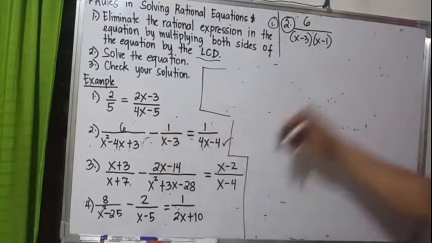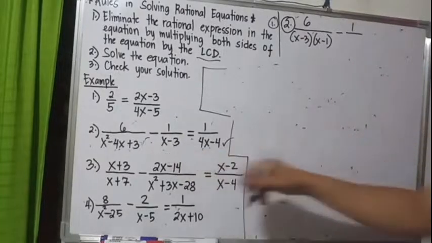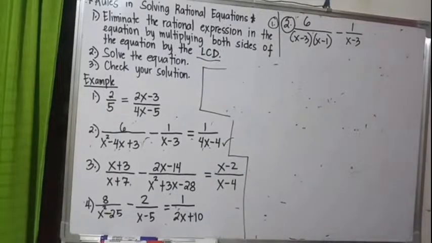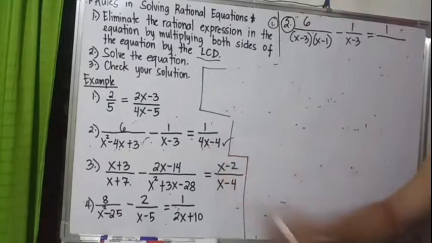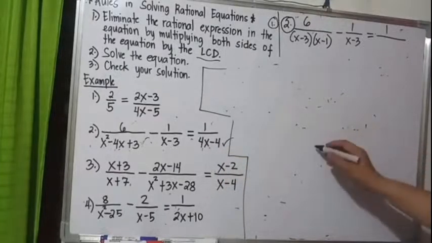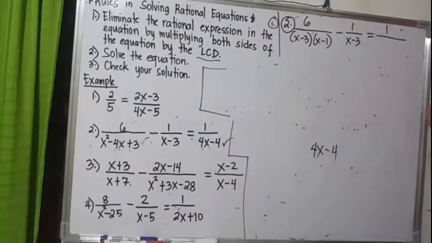So then subtract 1 over x minus 3. So just copy kasi hindi na ito factorable. Then equals 1 over ito. Factor pa ba ito? 4x minus 4. Ano yung factor ng 4x minus 4? Sige daw. Klase ah.